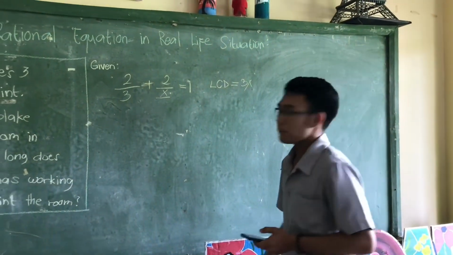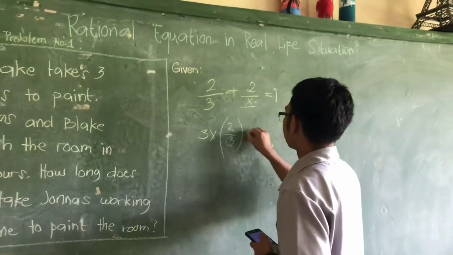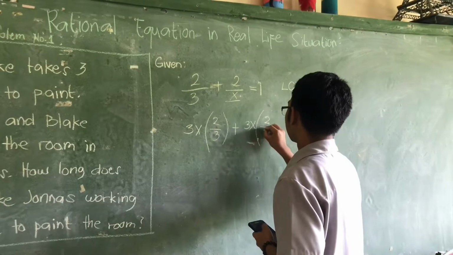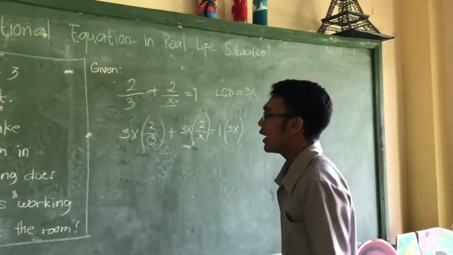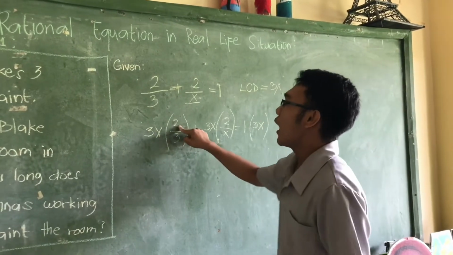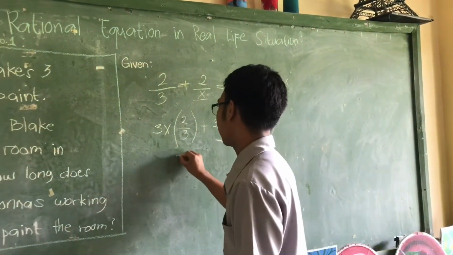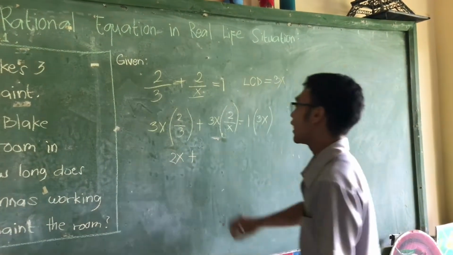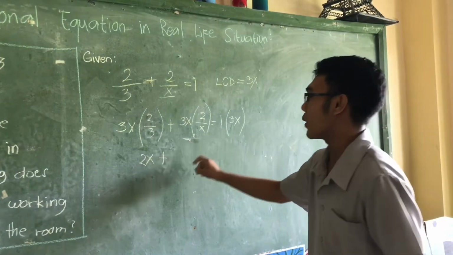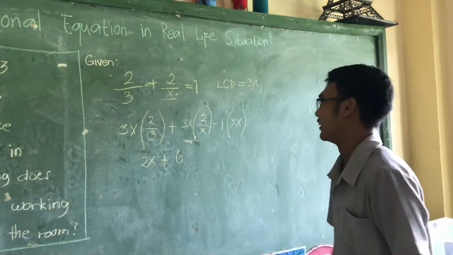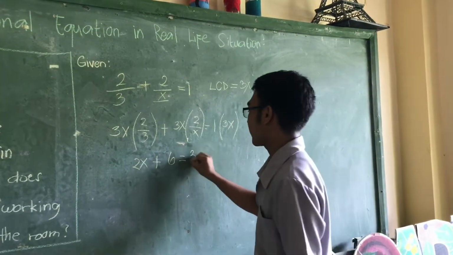First, let's solve the equation. 3x times 2 is equal to 6x, divided by 3 is equal to 2x. Plus 3x times 2 is equal to 6x, divided by x is equal to 6. Then 1 times 3x is equal to 3x.